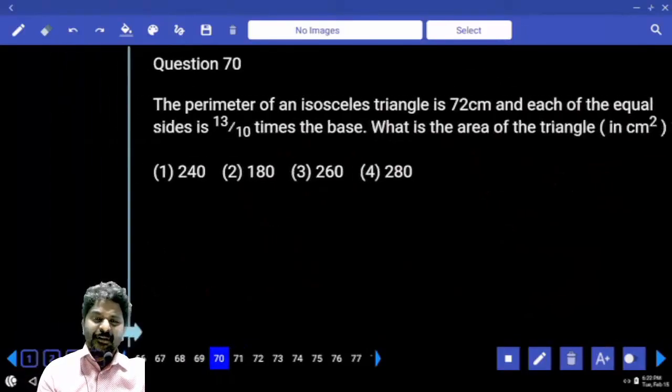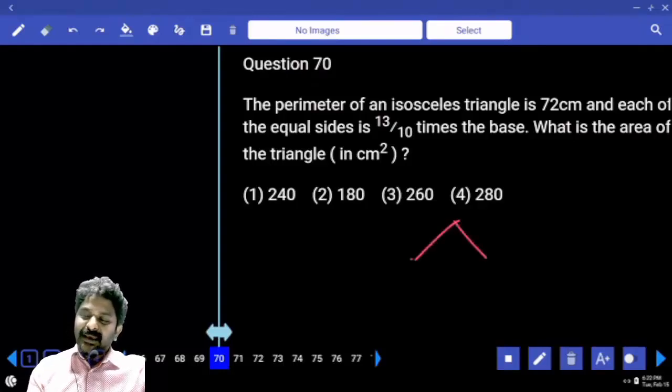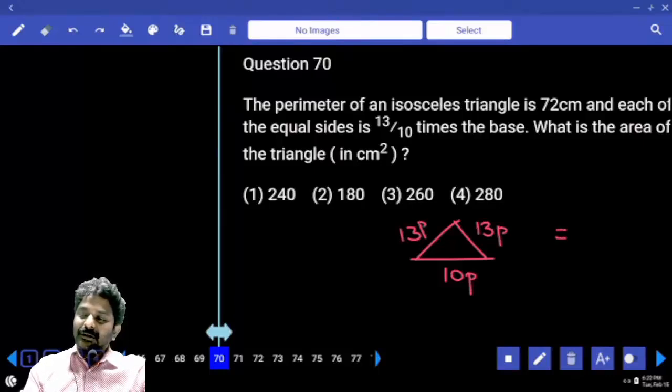Next, the perimeter of an isosceles triangle is 72 and each of the equal sides is 13 by 10 times of its base. So if base is equal to 10 parts, equal sides are 13 parts each. Am I right? Perimeter is equal to 36 parts only.